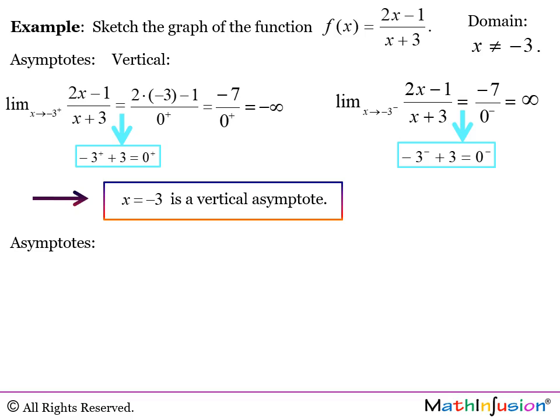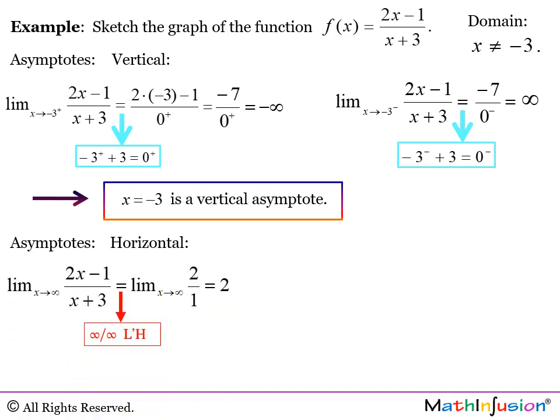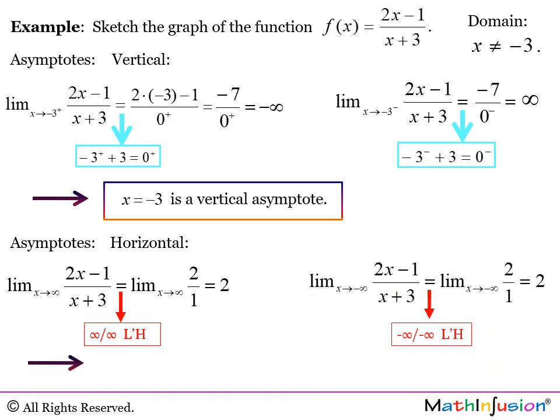This is a rational function, so the limit when x approaches negative infinity is the same as the limit when x approaches infinity, which is 2. Again, you can use L'Hopital or divide by the highest power of the denominator, which is x, whichever you like. But the conclusion is the same, that y equals 2 is a horizontal asymptote.